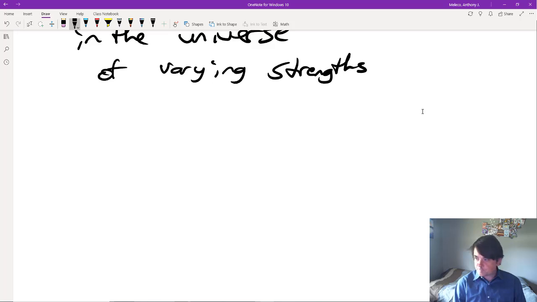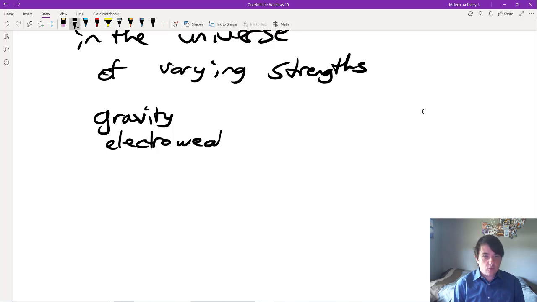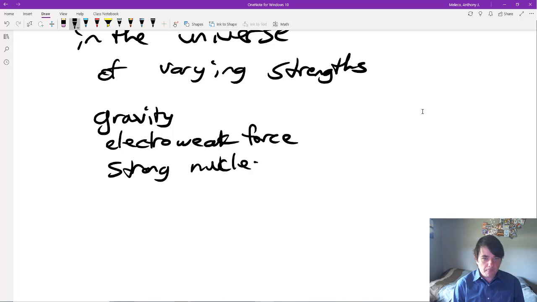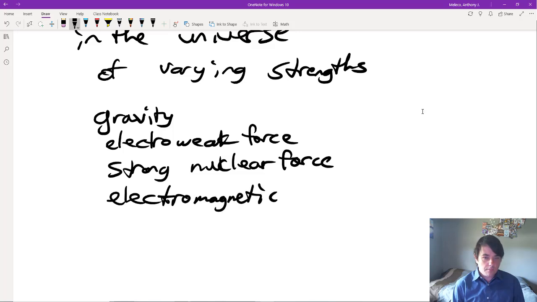We've got gravity, the electroweak force, also called the weak nuclear force, the strong nuclear force, and the electromagnetic force.